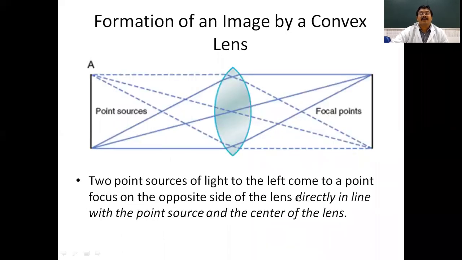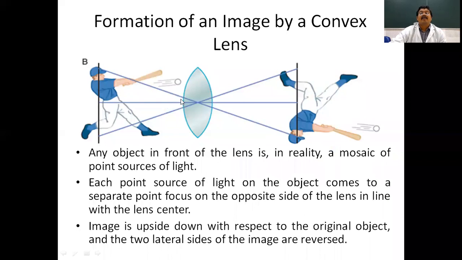The formation of an image by a convex lens. When light from a point source comes to a point focus on the opposite side, it lines up with the point source and the center of the lens. These are the focal points. These are the point sources of light. Any object in front of a lens is in reality a mosaic of different point sources of light.